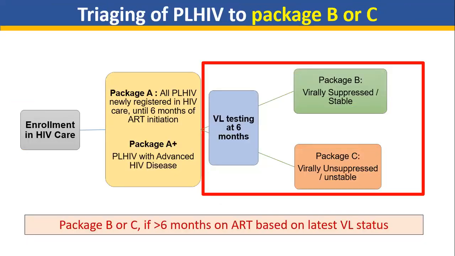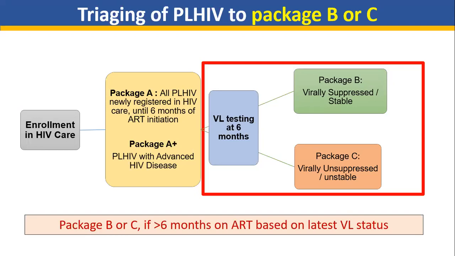For triaging patients to package B or C services, we need to go for viral load testing, which should be done at a 6 month interval, then at 12 months of completion of ART. Depending on the viral load test result, the patient should be categorized as a stable or an unstable patient.